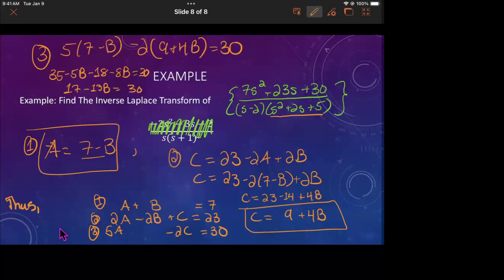If we subtract both sides by 17, we'll get 13 on the right-hand side, and we'll get minus 13b equals 13, which leads that b is equal to 1.